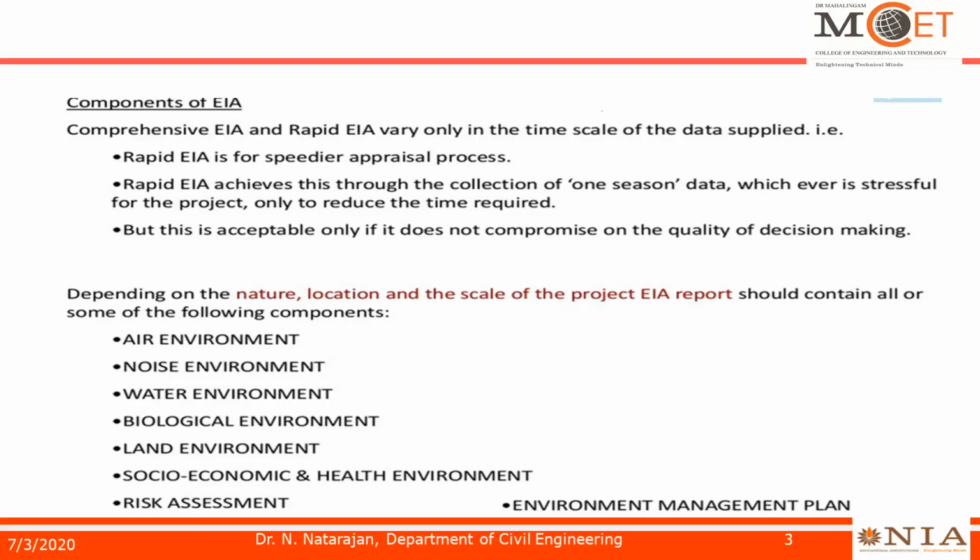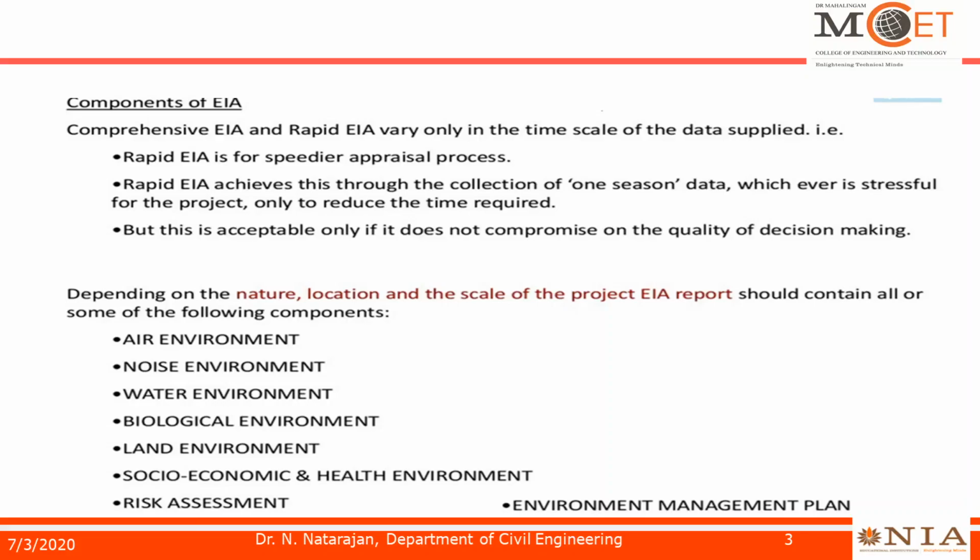But this particular EIA is adopted only when you have to take a quick decision, and it does not compromise on the quality of the decision making. So that is the rapid EIA process.